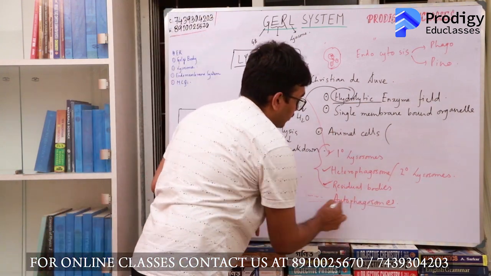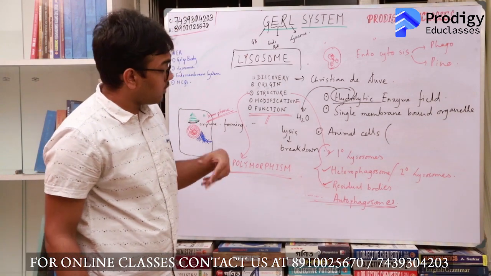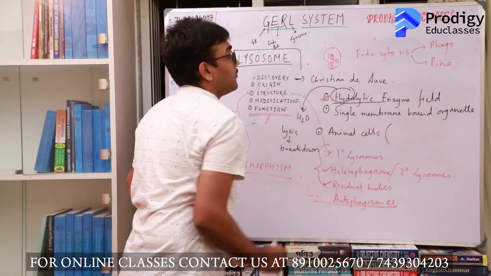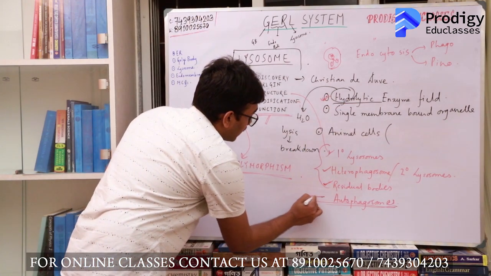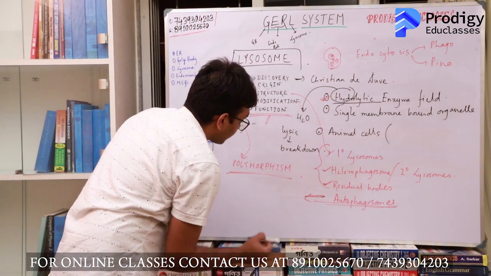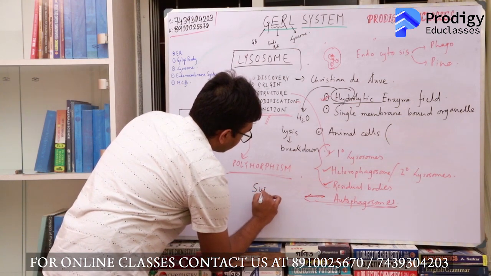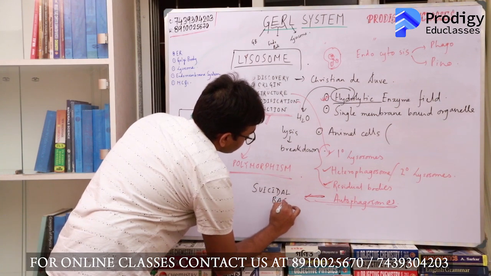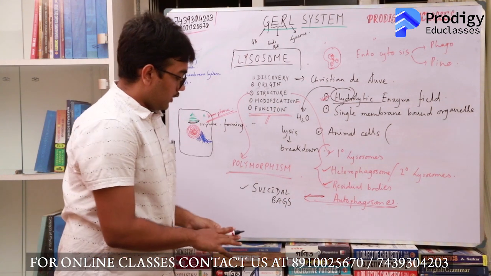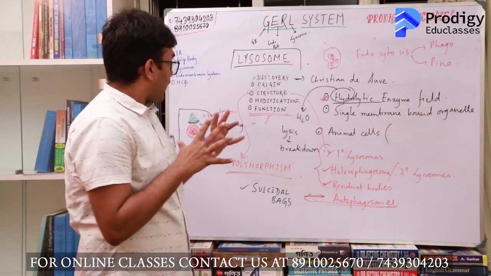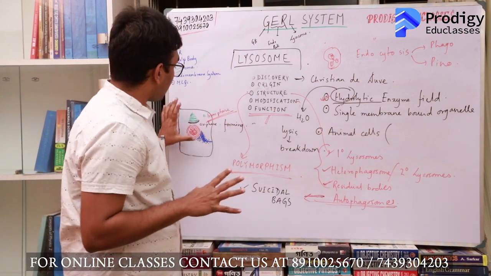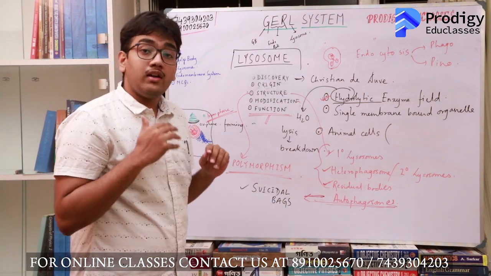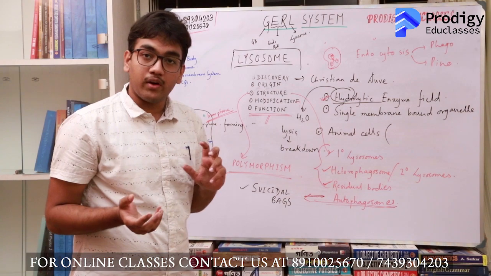Now what are autophagosomes? Autophagosomes are another group of lysosomes which also contain hydrolytic enzymes, but they are known as suicidal bags. A variety of cell organelles and substances are present within the cell. Also, the cell as a whole may undergo degeneration or disintegration after a point of time.